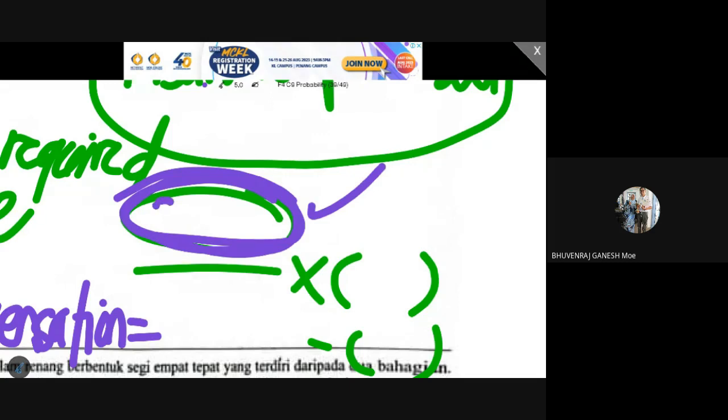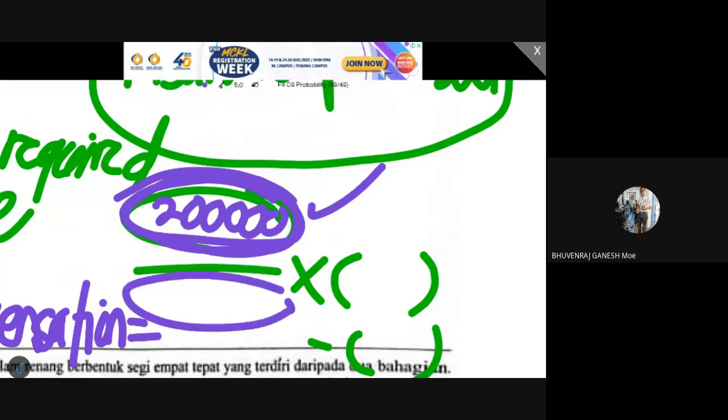Smaller. Correct. Means 200,000 is smaller than 240,000. Why smaller, guys? Mengapa lebih kecil? So bottom value, bigger value or smaller value, guys? Nilai lebih besar atau nilai lebih kecil? 240,000, correct.